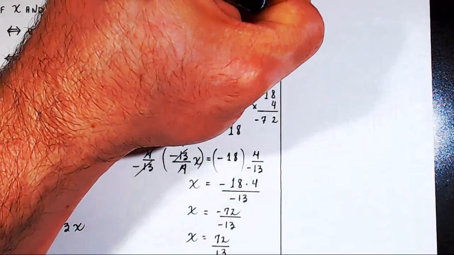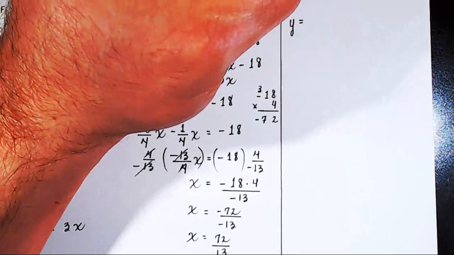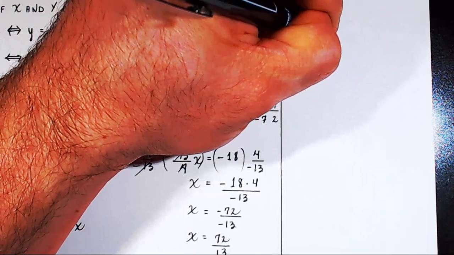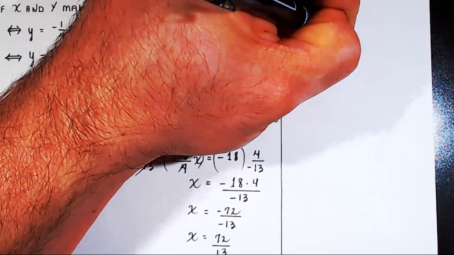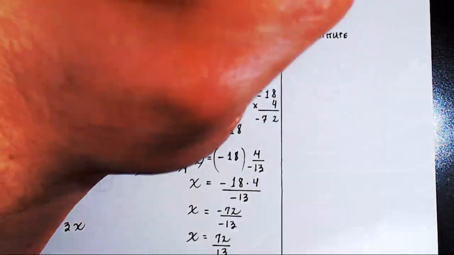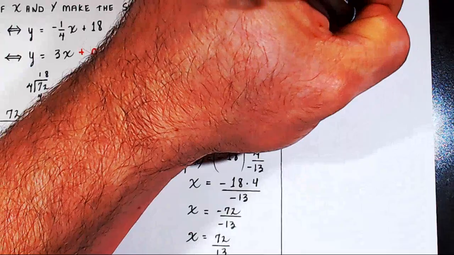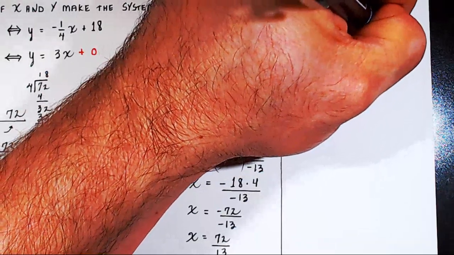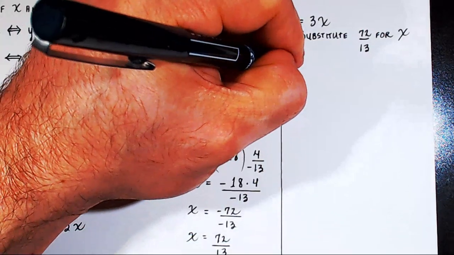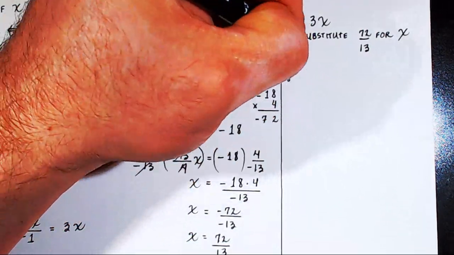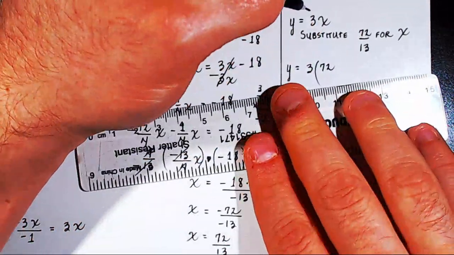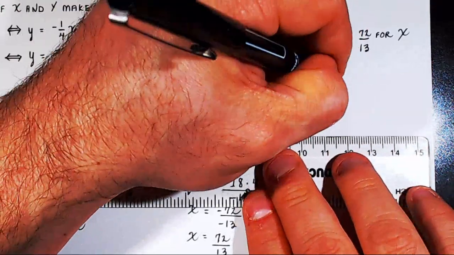So go over here and plug in y equals 3x. So I'm going to substitute 72 over 13 for x. So I have y equals 3 times 72 over 13.